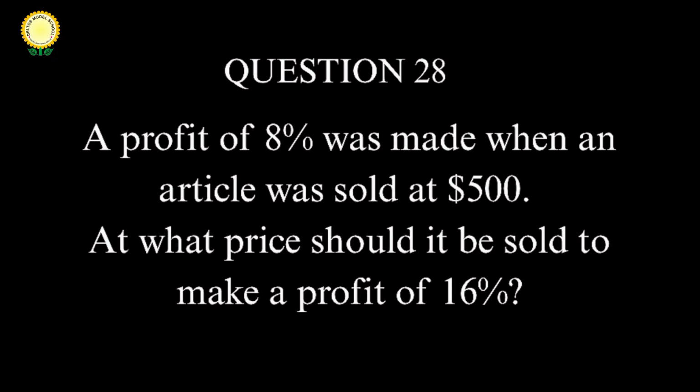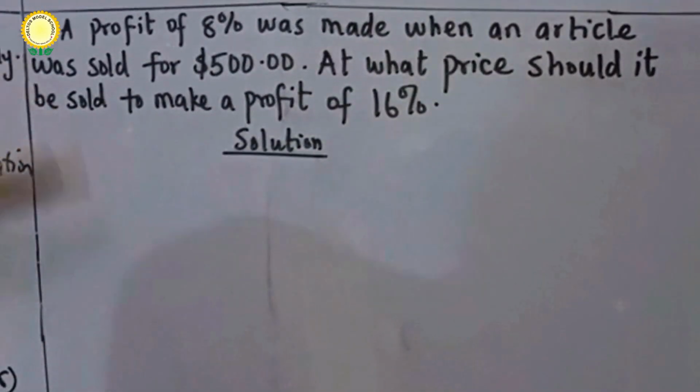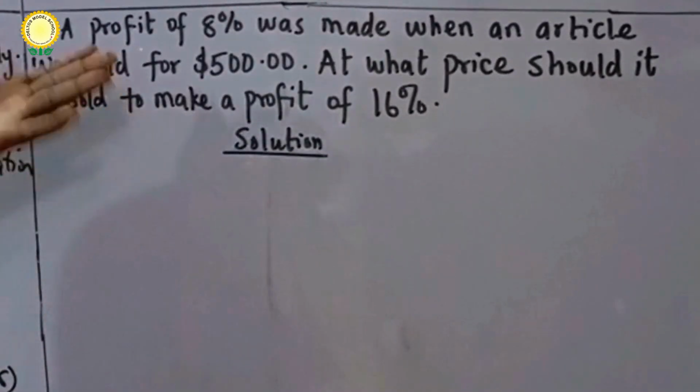Question 28. A profit of 8% was made when an article was sold for $500. At what price should it be sold to make a profit of 16%? Okay, at what price should it be sold to make a profit of 16%? We have to first of all find the original price.